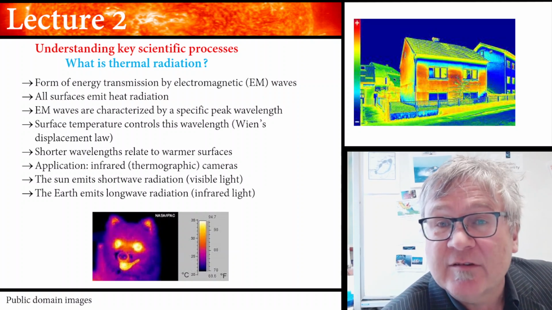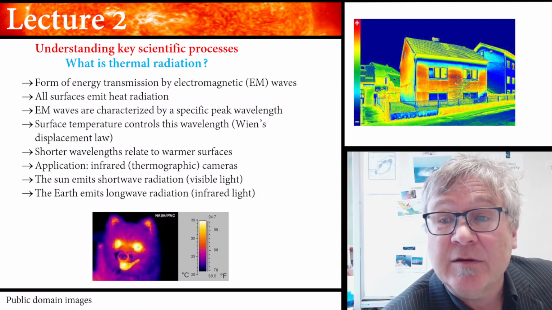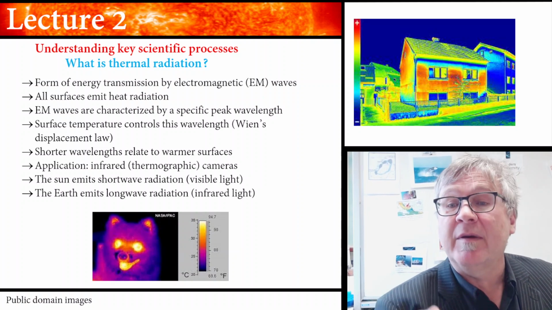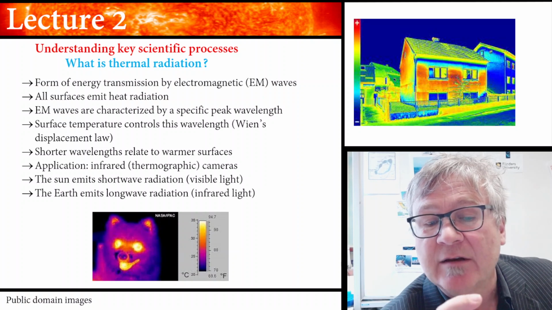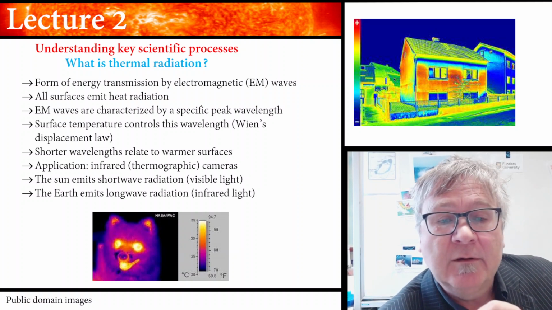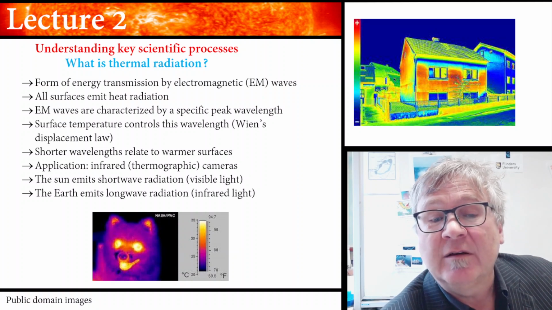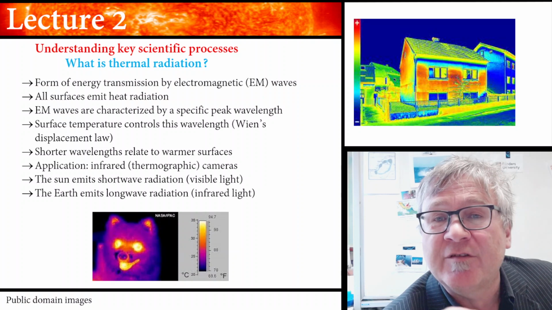So surfaces of different temperatures can be distinguished. You can distinguish the temperatures, and I show you some images here. There's a house above my head, and there is a wolf here on the left. With infrared thermographic cameras, you can distinguish the surface temperature.